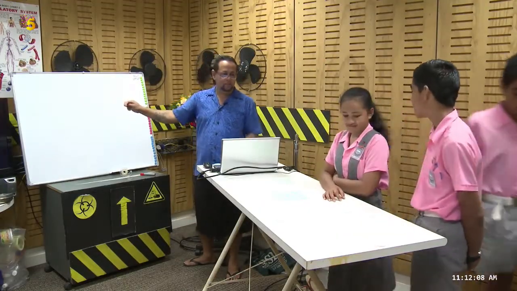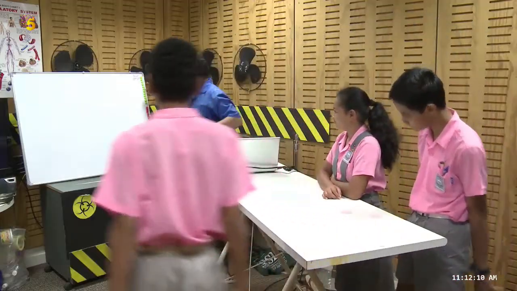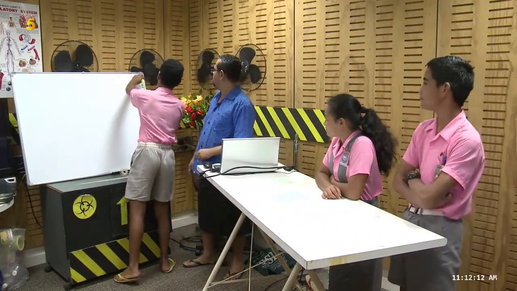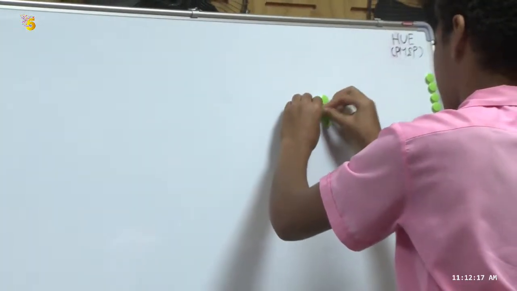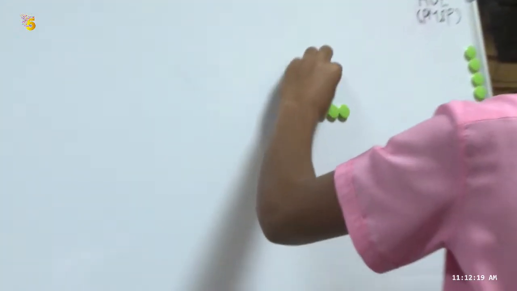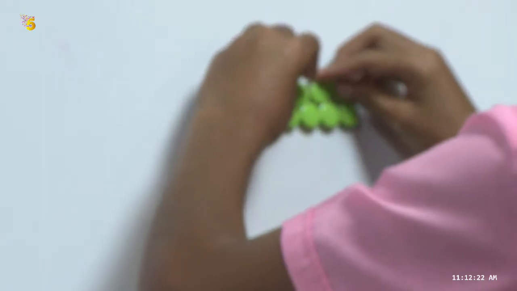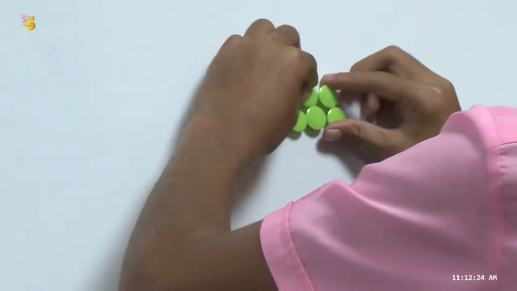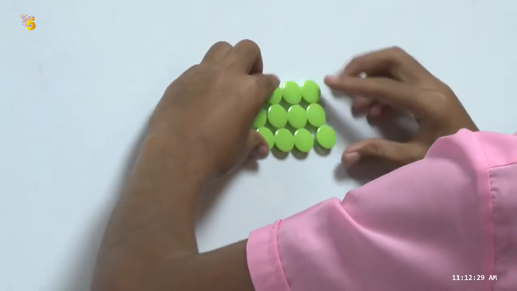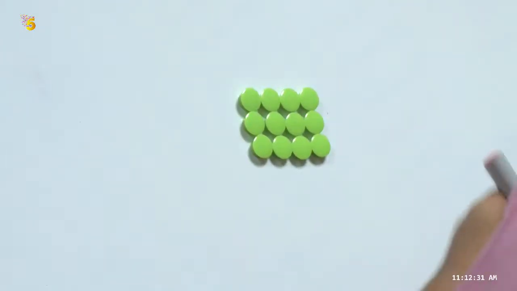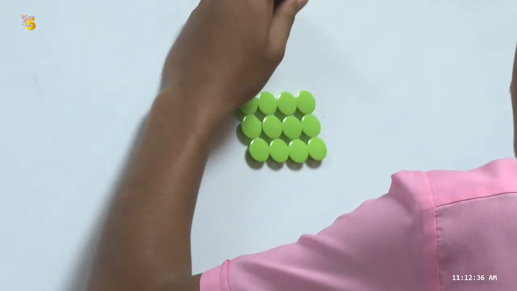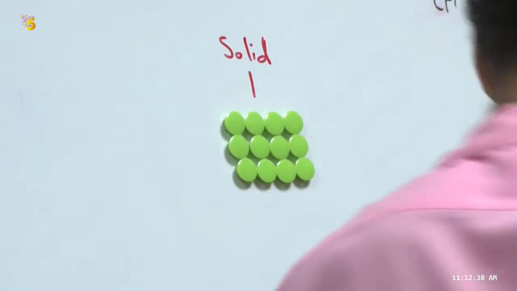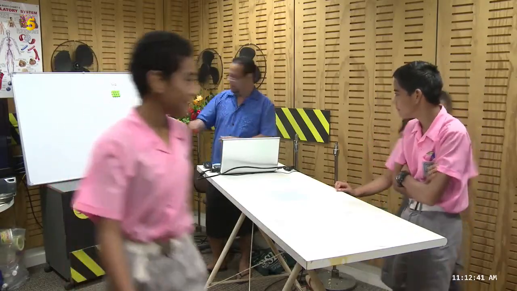Show this using the magnet balls, the green. Then you write solid. Then liquid. Use the blue one.